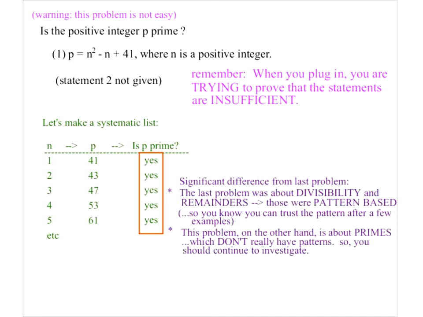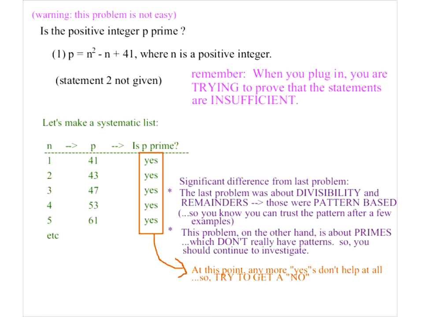Since we have like 1 million yeses, what are we trying to accomplish? Well, we're trying to get a no. Okay, because at this point, any more yeses don't help at all. So try to get a no.